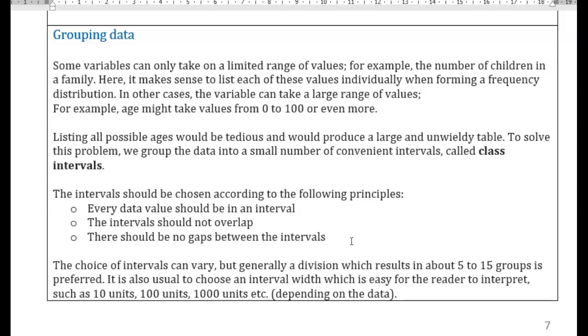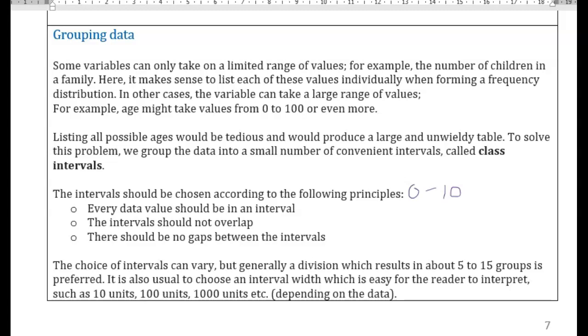So if you're doing 0 to 10 and you're using discrete values, your next section, depending on how you write it, you should use your inequality signs. So we're going from 0 to 10. And are we including 10?